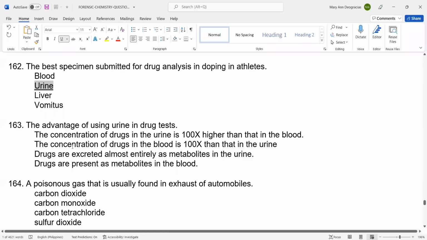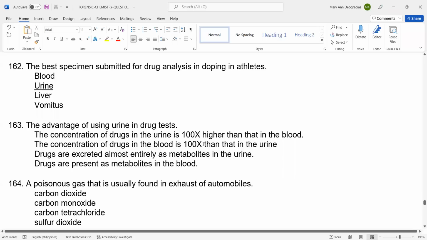163. The advantage of using urine in drug tests. A. The concentration of drugs in the urine is 100 times higher than that in the blood. B. The concentration of drugs in the blood is 100 times higher than that in the urine.